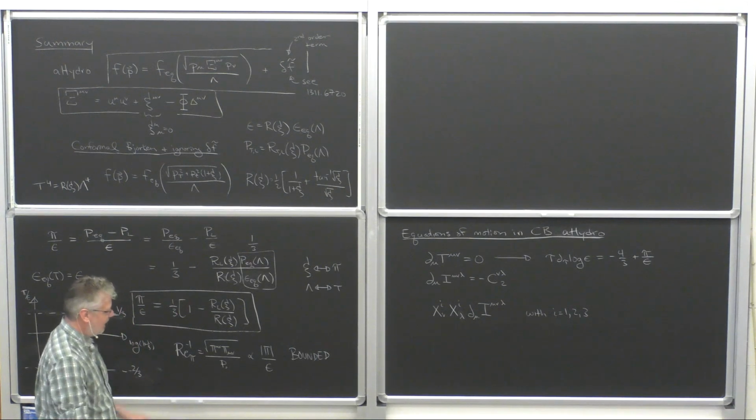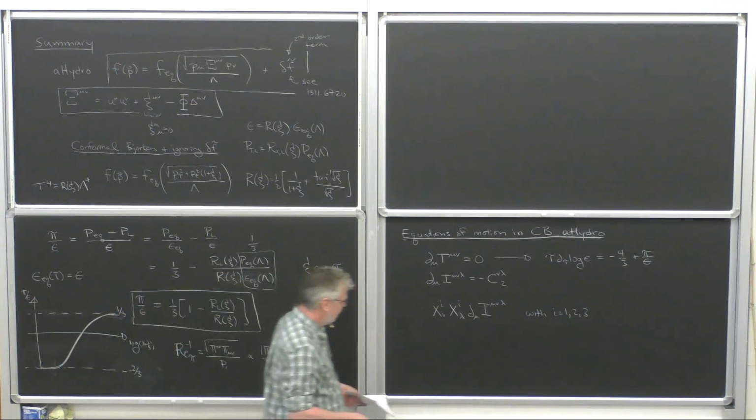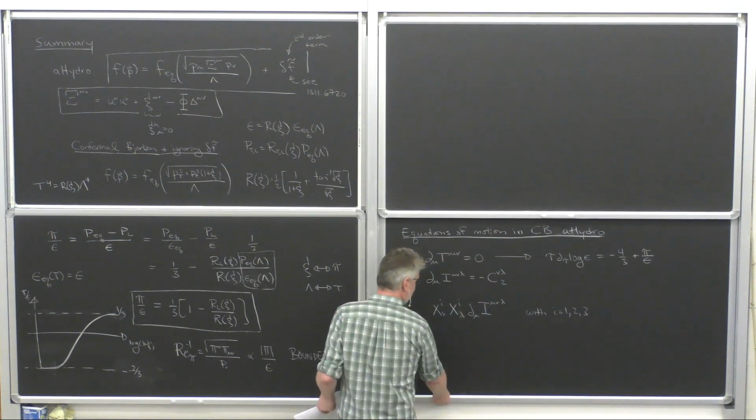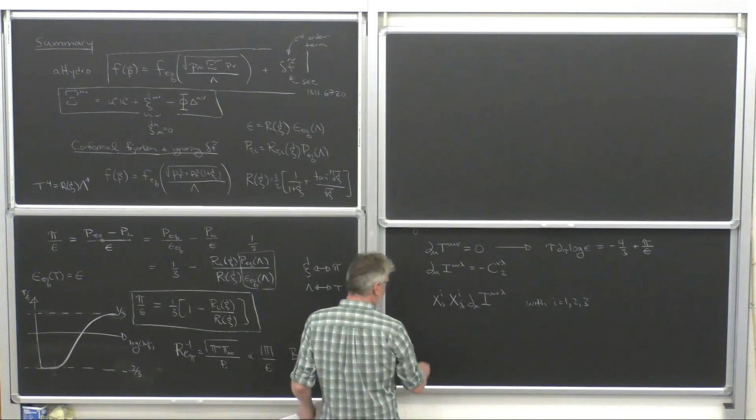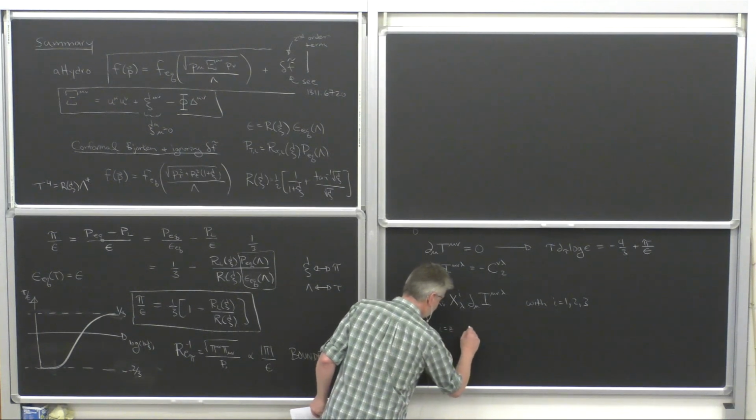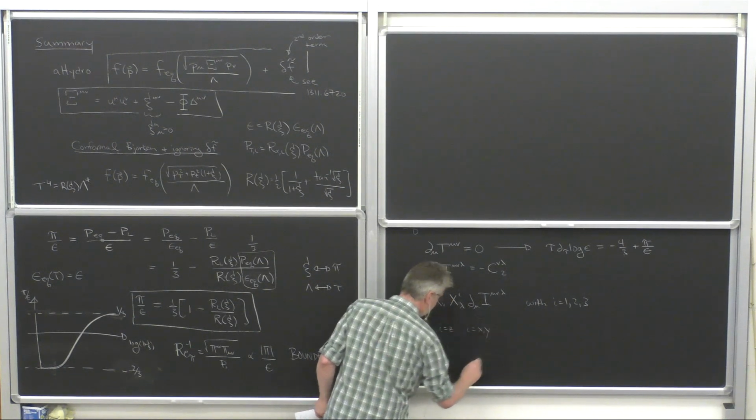Now, I'm not going to go through the next step. I can provide the reference that does so, or if you want to discuss it later. You can take I equal to z, you can take I equal to x and y.